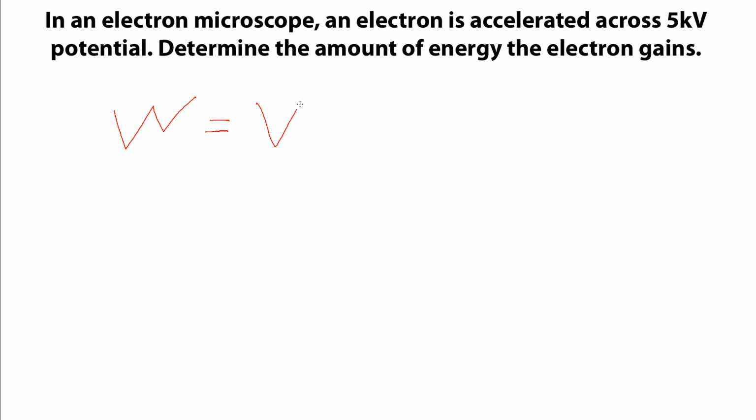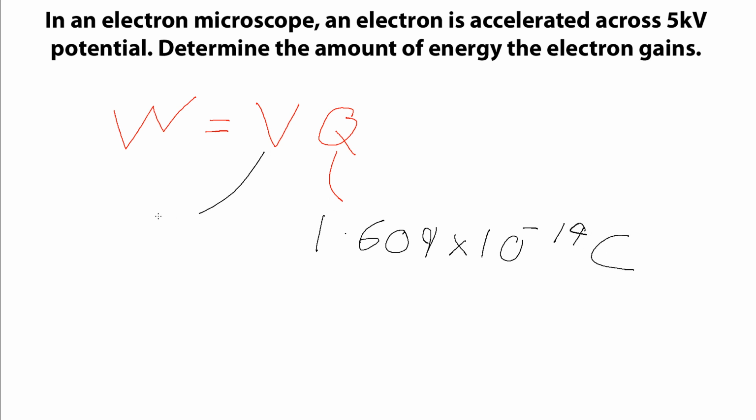So W equals VQ. So the electron has some charge, and the charge on an electron we know is 1.609 times 10 to the minus 19 coulombs. And the voltage that we're accelerating across is 5 kilovolts, so 5,000 volts.